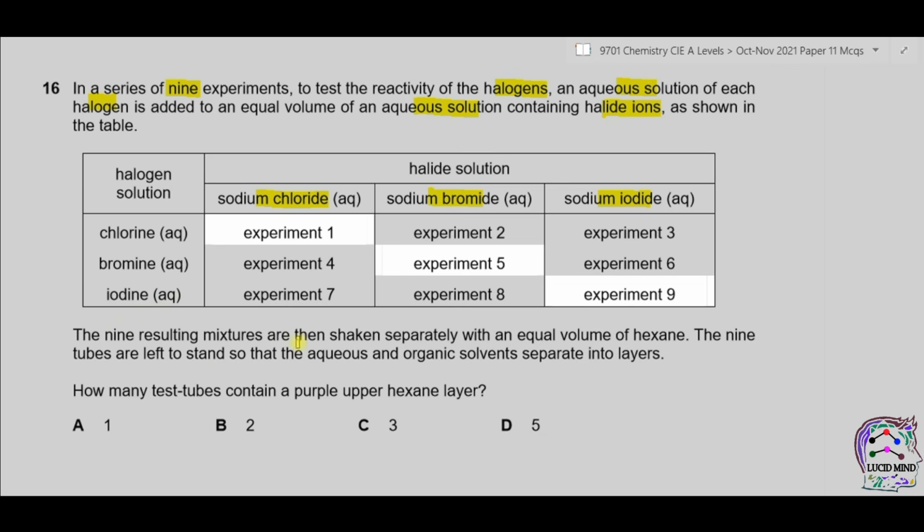The 9 resulting mixtures are then shaken separately with an equal volume of hexane, which is a non-polar solvent. The 9 tubes are left to stand so that the aqueous and organic solvents separate into layers. How many test tubes contain a purple upper hexane layer? Now if iodine is present, it will dissolve in hexane to form a purple layer.